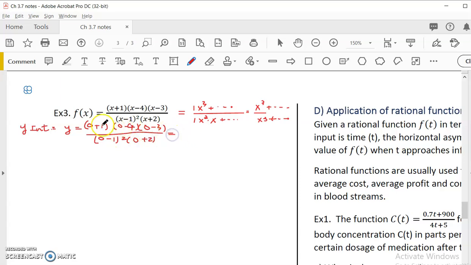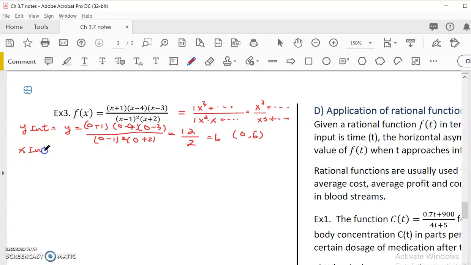So that would equal 1 times negative 4 times negative 3 is 12, right? And 1 times negative 1 squared is 1, 1 times 2 is 2, so it equals 6. So we have a y-intercept of (0, 6).